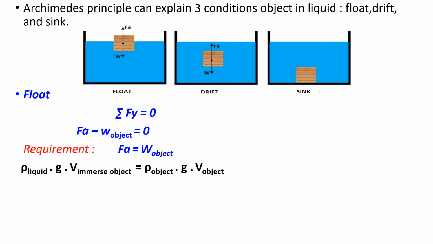So Fa equals weight of object can be substituted with density of liquid times g times volume of immersed object equals density of object times g times volume of object. Because the magnitude of g on both sides is the same, we can erase g on both sides.